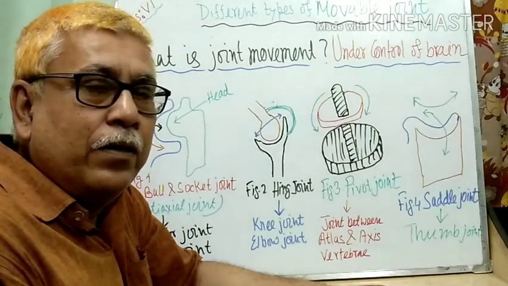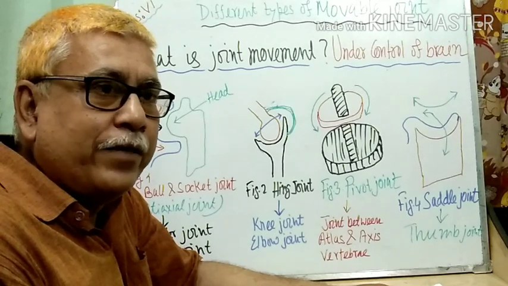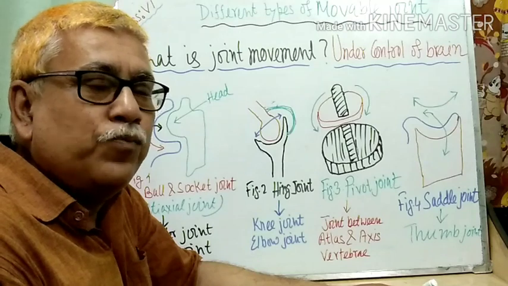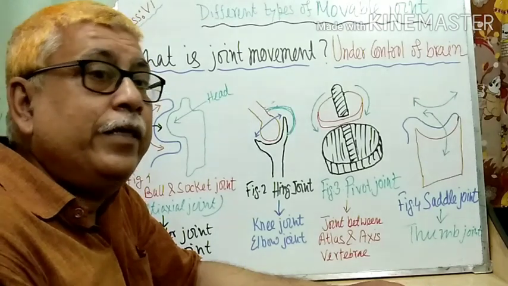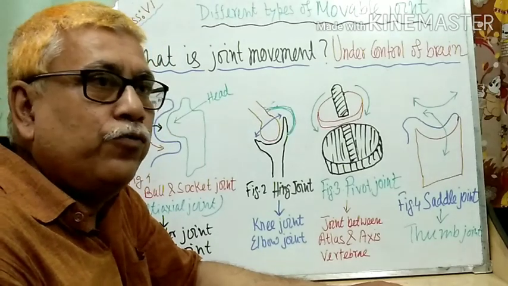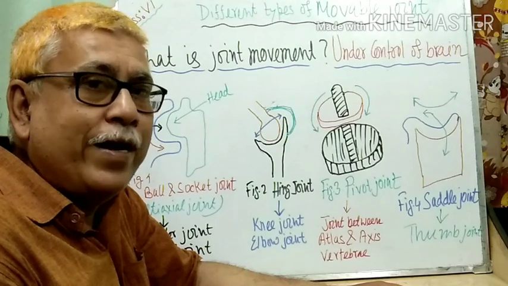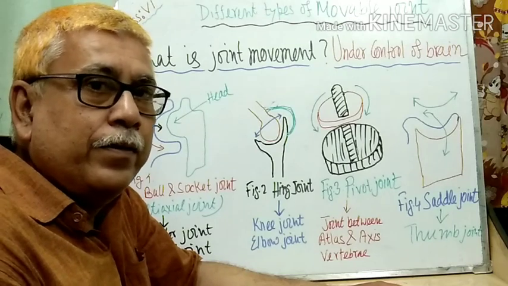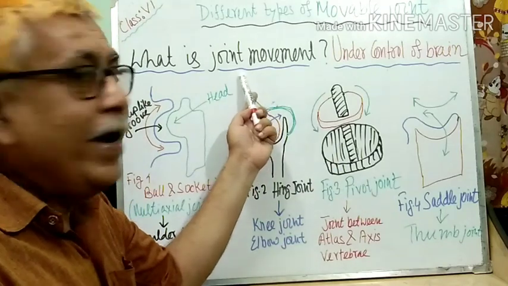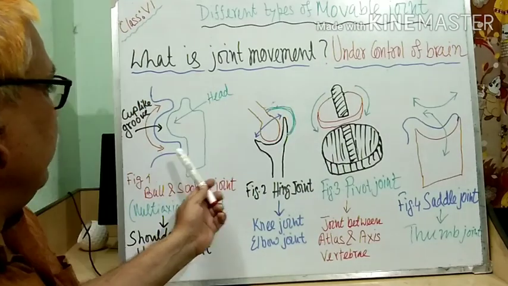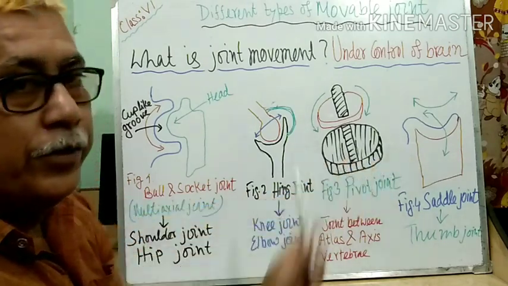After receiving signals, muscles contract and become small in size. This leads to the movement of the adjacent bones of the joint. This is called joint movement. There are different types of movable joint.